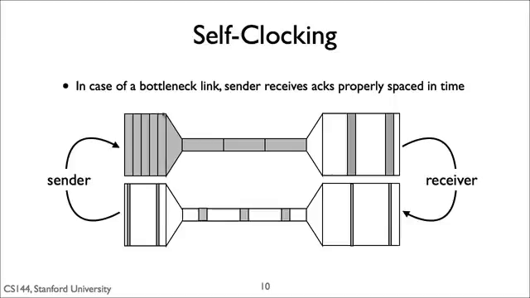Packets sent on fat, high bandwidth links take a small amount of time. These same packets sent over a low bandwidth link have a longer transmission time and queuing delay, and so take more time. When they emerge out of a bottleneck link, they will be fast again, but spaced out in time according to the rate at which they exit the bottleneck.